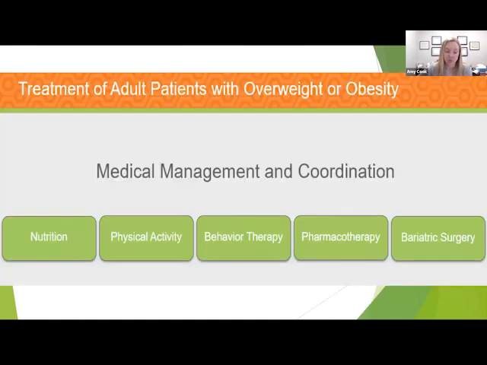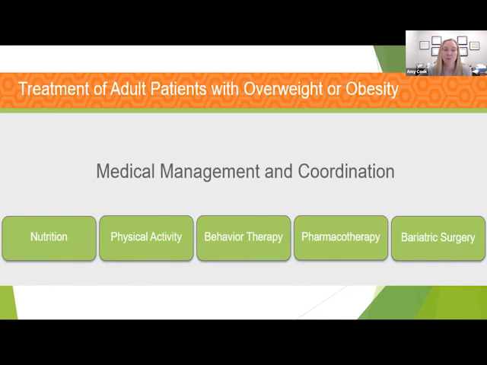Now, moving on into the treatment of obesity, it is complex and it is not one-size-fits-all. These include the 4 pillars from the Obesity Medical Association, but we're including a 5th one, bariatric surgery, that I'll touch base on today.